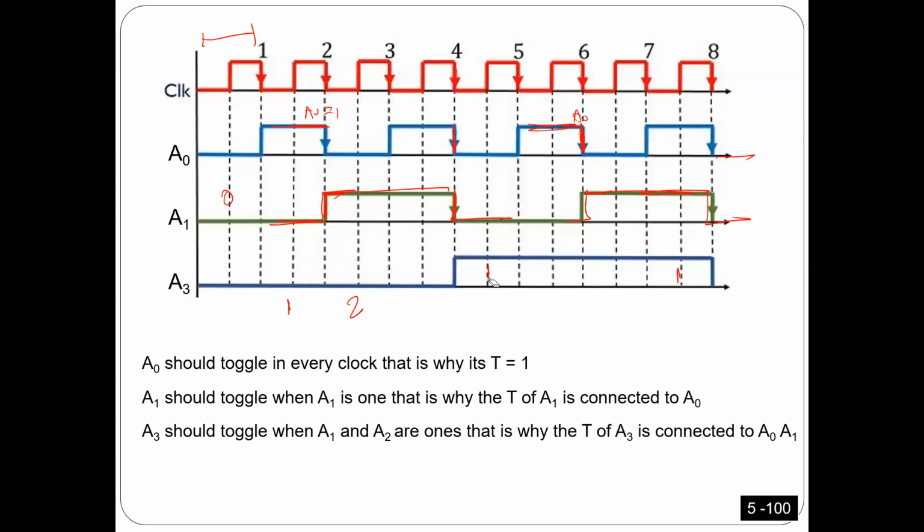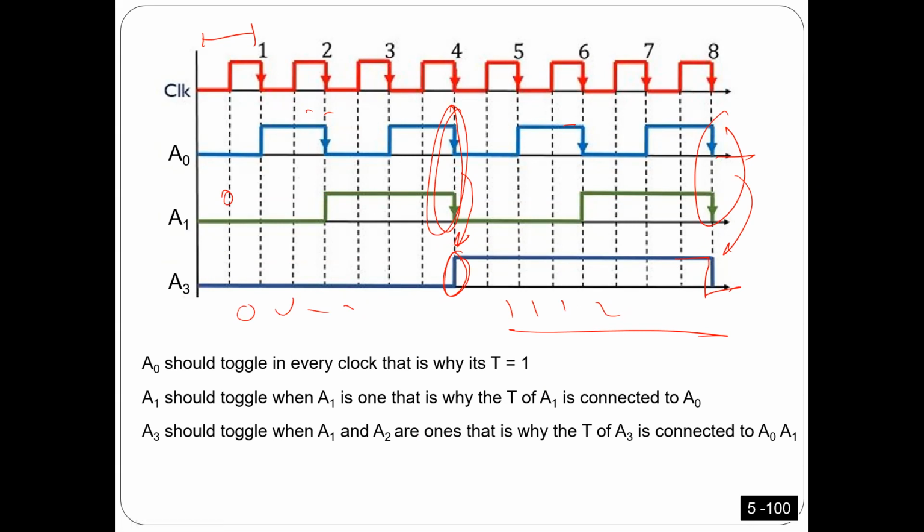Same thing, look at the next one here. In the last one, this one has to toggle when both of them are ones. So at this time they are going to toggle, and also at this one they are going to toggle. That's why I'm going to get 4 zeros and then 4 ones here.